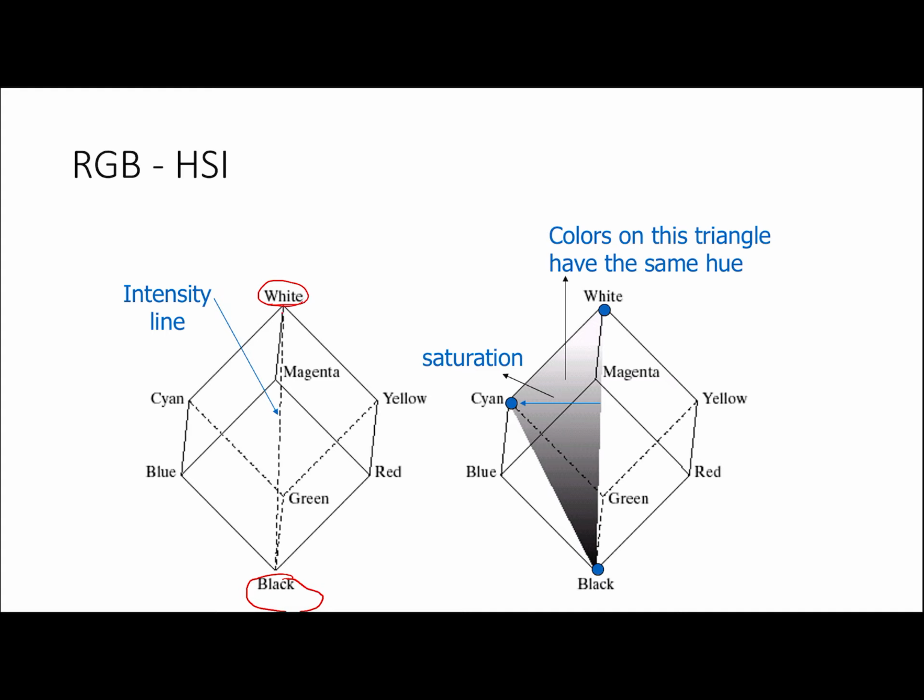This line joining the black and white represents the intensity axis. Any point on this line would not show any color information. This is the same as what we discussed in the RGB color model. It will not contain any color information, but it will have different shades of gray.